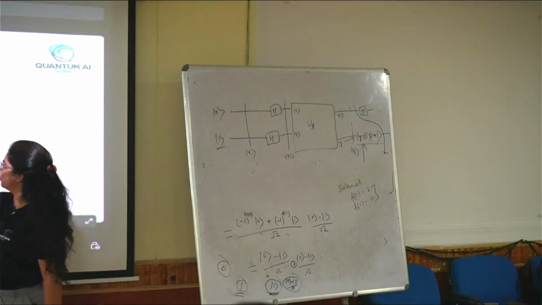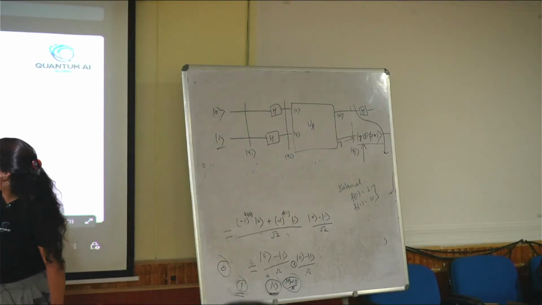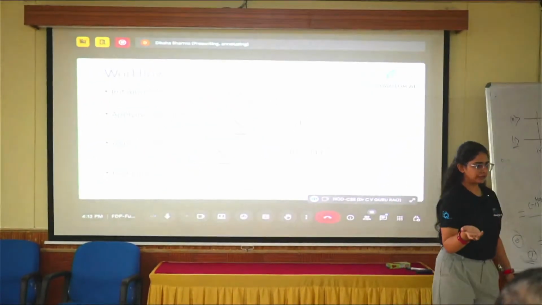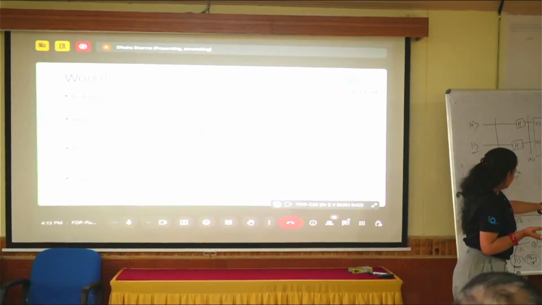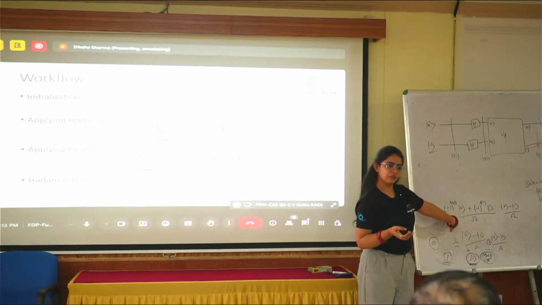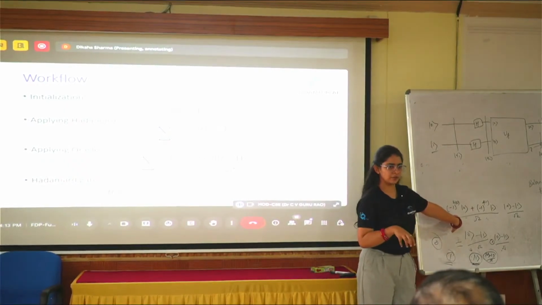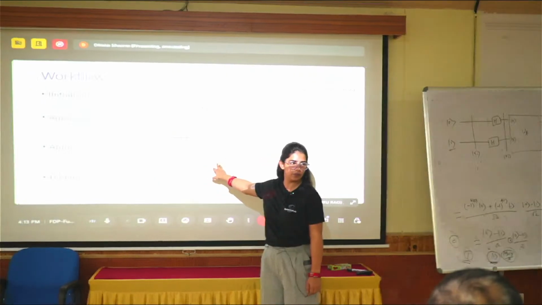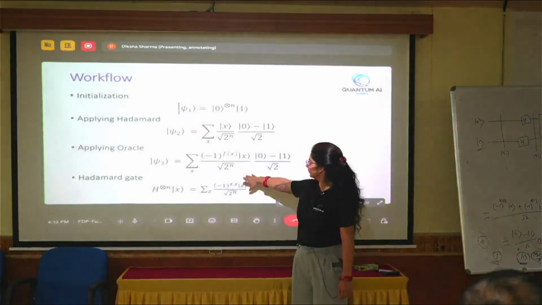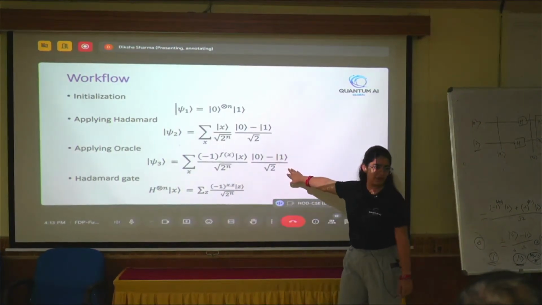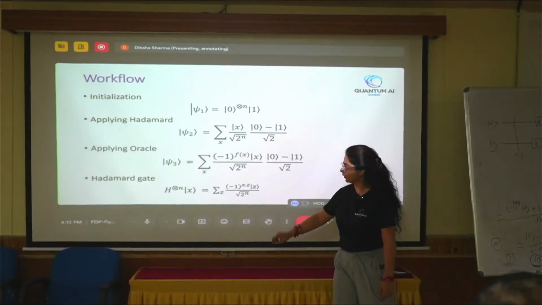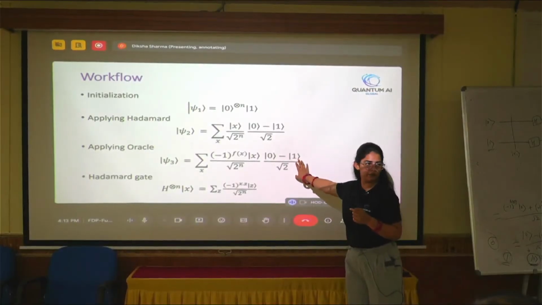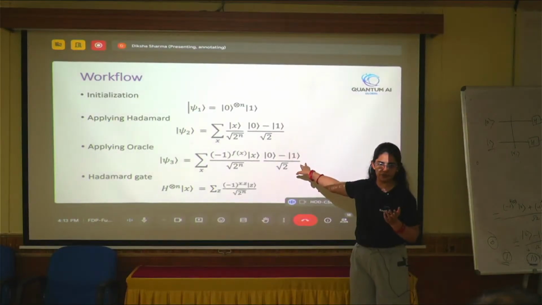Okay. Now, because we came to know that if we are applying the Hadamard gate over here, and later on we already have the unitary function in here, we come up with this particular equation. For n number of Hadamard gates as well, this equation would be the same. Minus 1 power f of x, root 2 power n, and this is the y part. Okay. Now in here we have applied the oracle, or the unitary function.